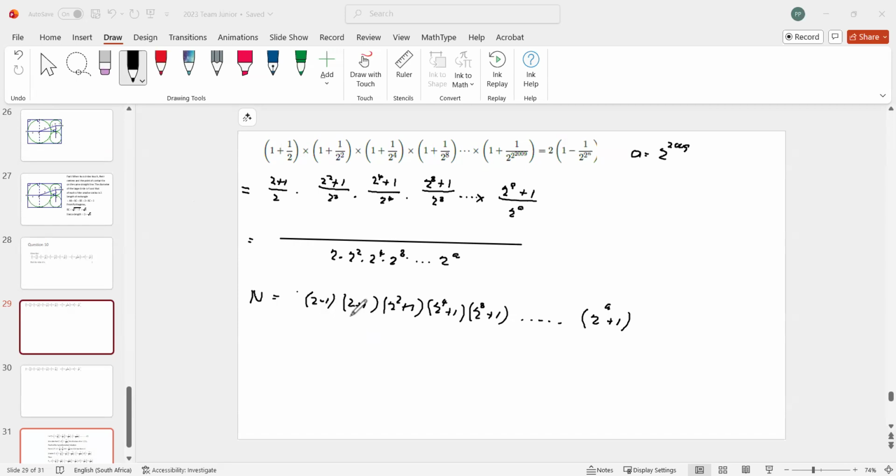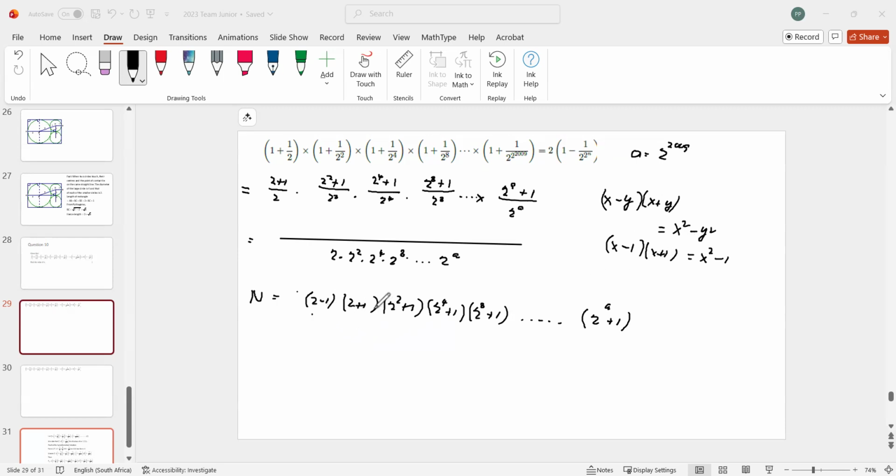If I multiply the first 2 terms, remember, very important formula: x minus y into x plus y is x squared minus y squared. If you take ones, x minus 1 into x plus 1 is x squared minus 1. So that's what I've got here.